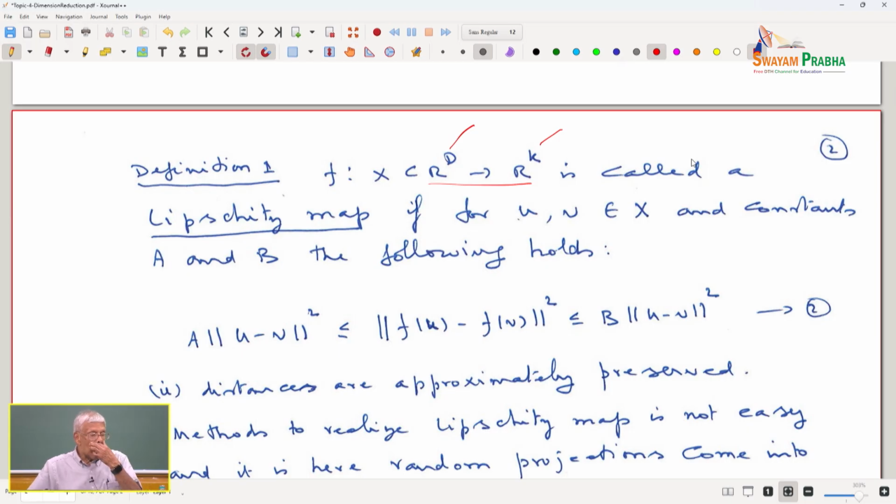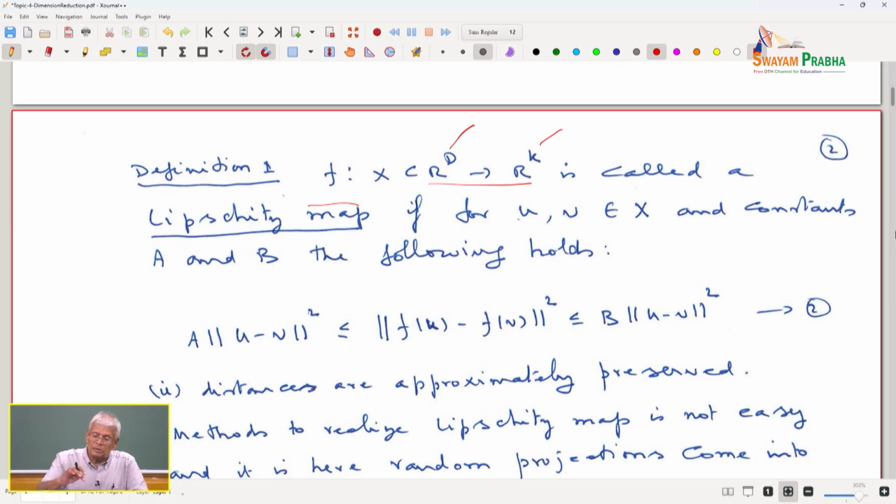Please remember, one can consider three types of functions: scalar valued function of a scalar, scalar valued function of a vector, and vector valued function of a vector. So vector valued function of a vector is otherwise also known as a map. We call this map a Lipschitz map. I'm sure you all have heard of the Lipschitz condition, when you derive conditions for the existence of solutions of ordinary differential equations.